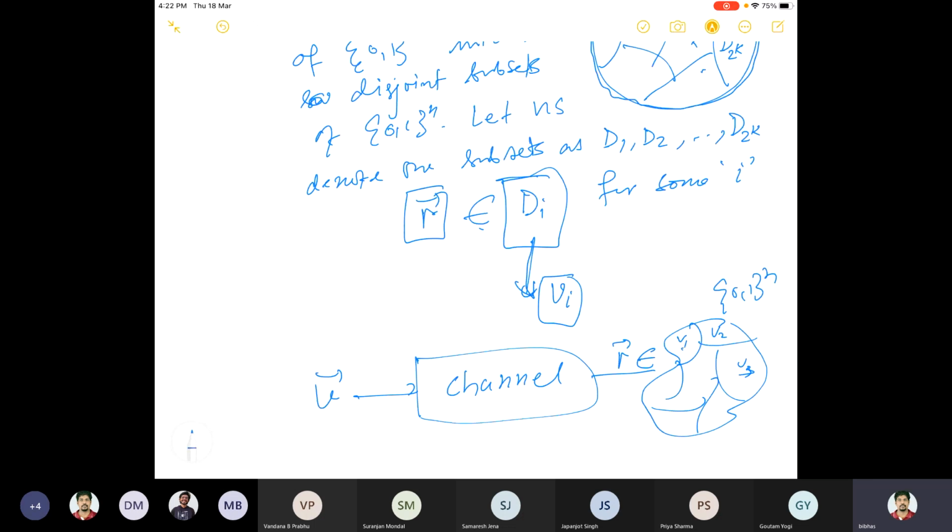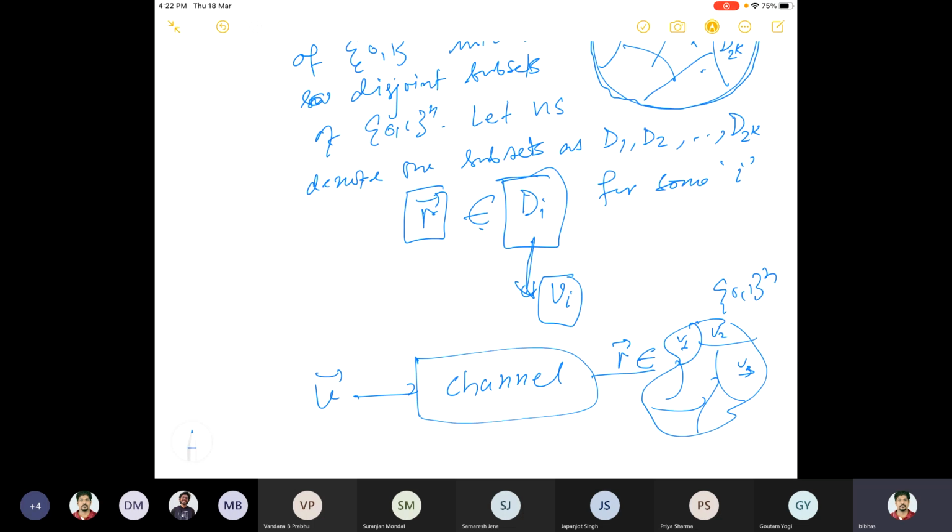There are 2 to the power k subsets which form this partition. Once r belongs to some Di, I will decode r as vi, and this is how my decoding process will go on. This is the idea; this is what we are going to do.